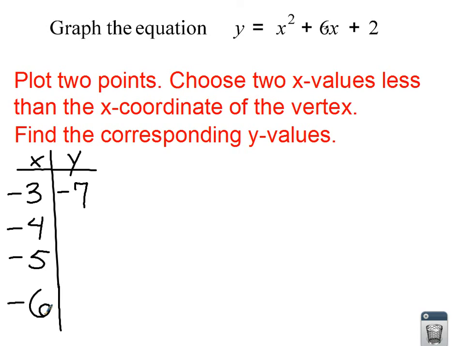How do I get the rest of my ordered pairs? Well, it's exactly what we did when we found the y value for the vertex. We're going to take our inputs and substitute them into the original equation and solve for the outputs. So I'll do the first one, and then I'll pause the video, and you can finish off the rest of the table.